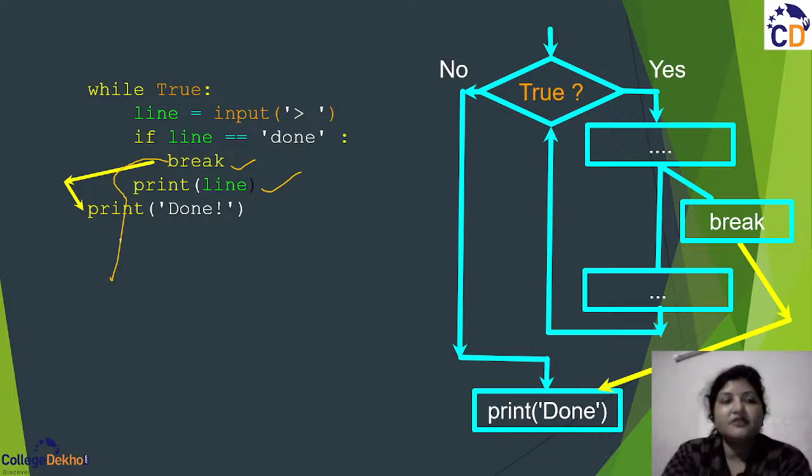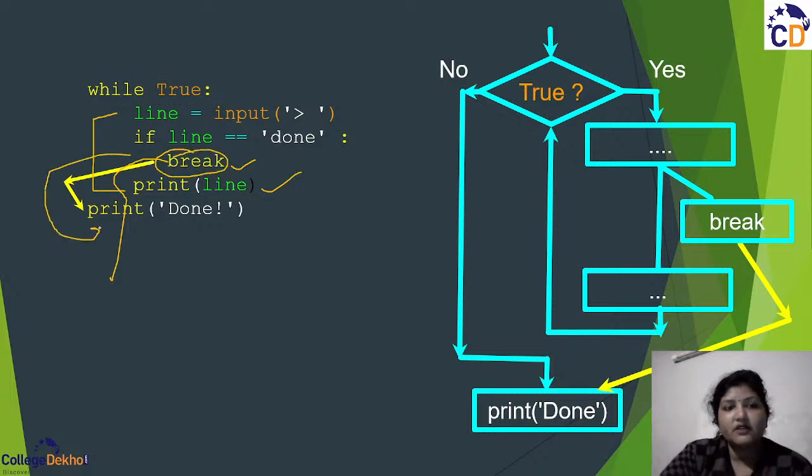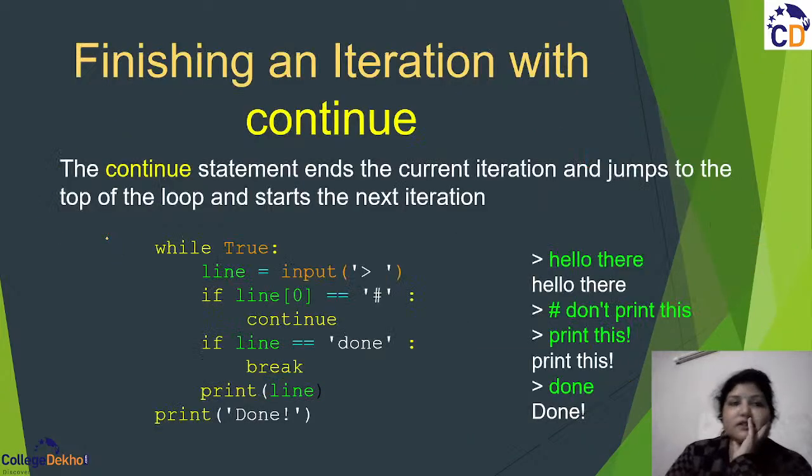The next line won't be executed. So this is how, when you have a while scope and you are putting the break statement, it is directly coming out from this loop.